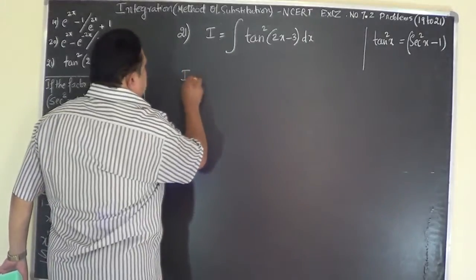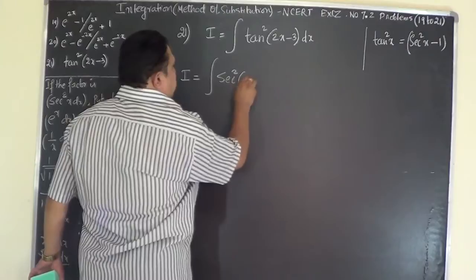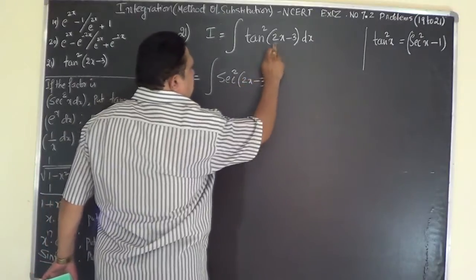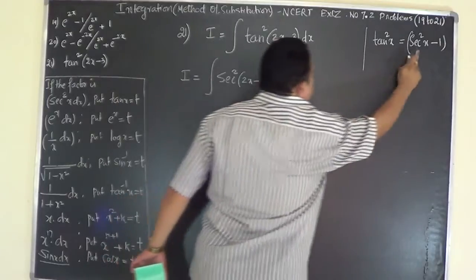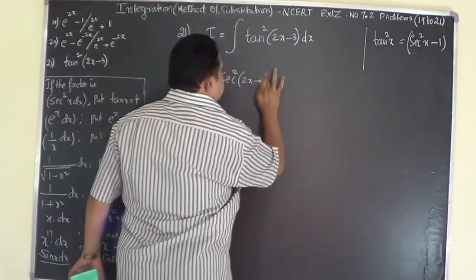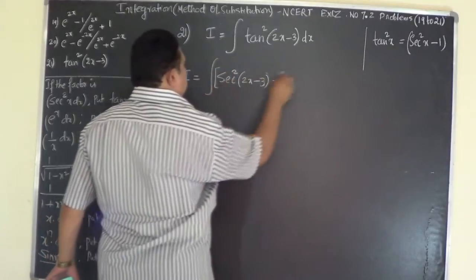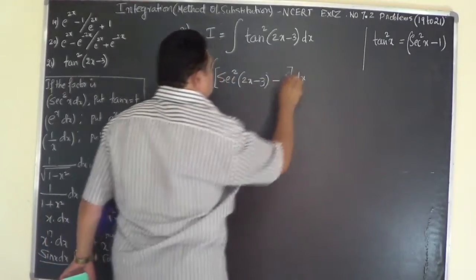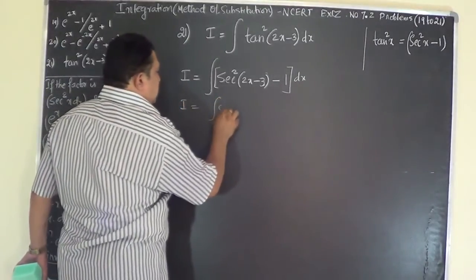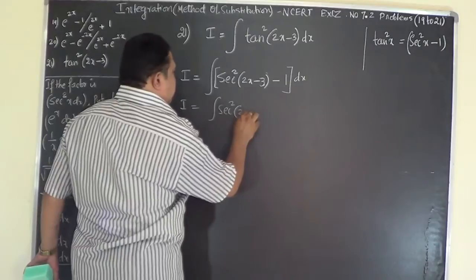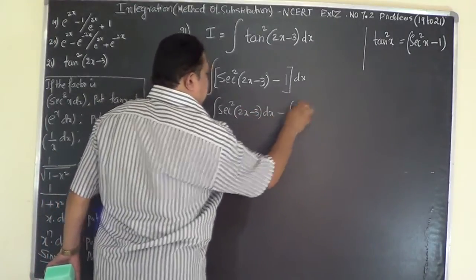So I'll write it as I equals integral secant square 2x minus 3, because in place of x we have 2x minus 3, so secant square of 2x minus 3 minus 1, into dx. Separate the integrals: integral secant square 2x minus 3 dx minus integral 1 dx.